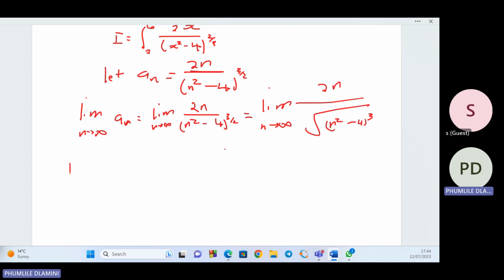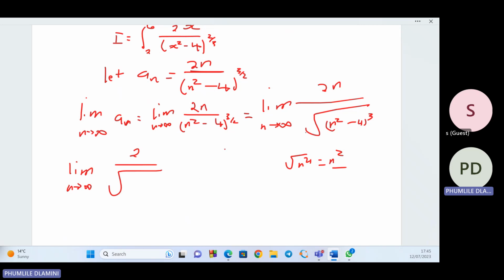When we divide everything by n squared, we have the limit when n approaches infinity of 2 over the square root of, inside the square root, because it's a square root, remember, the square root of n to the power 4 is equal to n squared, which means we divide everything inside the square root by n to the power 4.